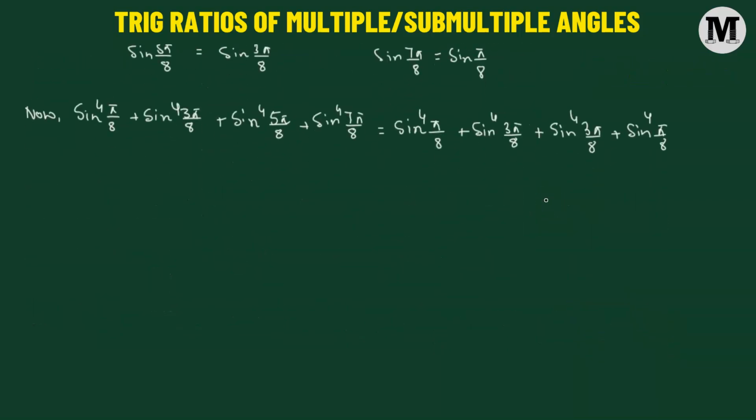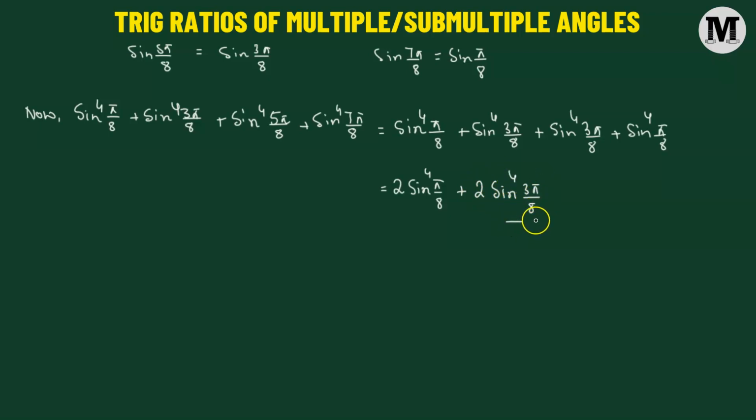Immediately we observe that the first and the fourth term are exactly the same, so we get 2 times sine pi over 8 whole raised to the power of 4. And the second and the third term are exactly the same, so we have 2 times sine 3 pi over 8 whole raised to the power of 4.